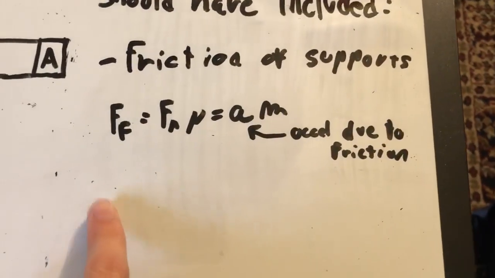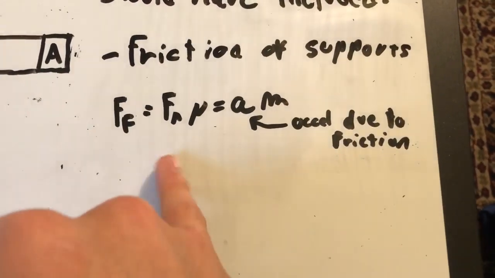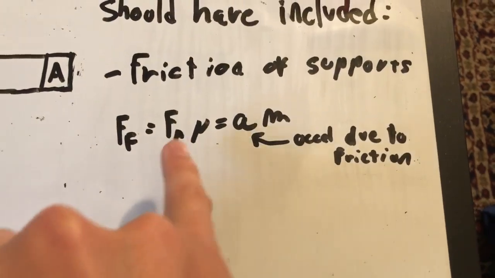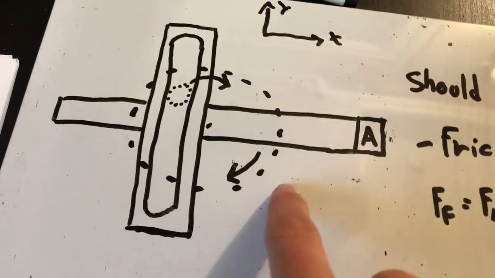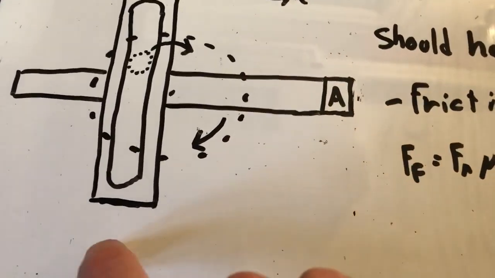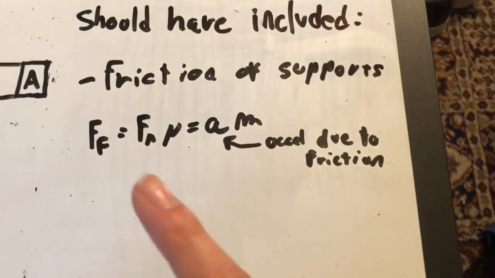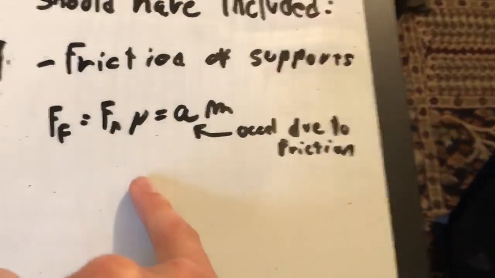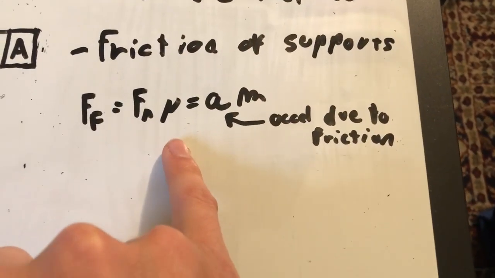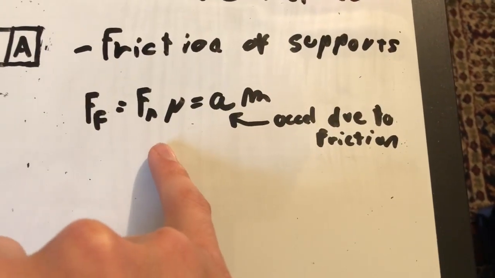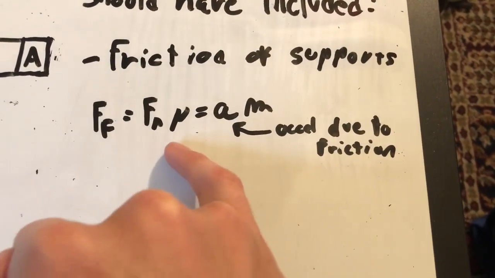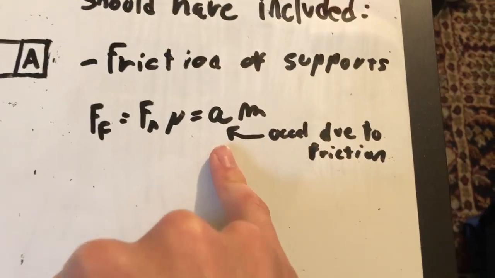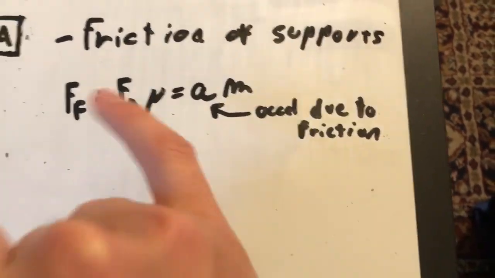So we should have included the force of friction, which is equal to the normal force of just this horizontal structure, the structure that moves in the x direction, times the mu, the coefficient of friction between acrylic and acrylic, and then set it equal to the acceleration due to friction.